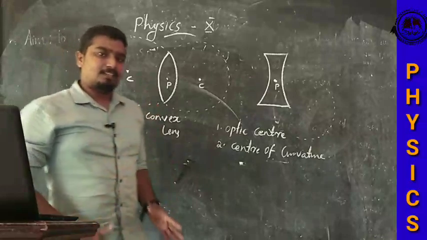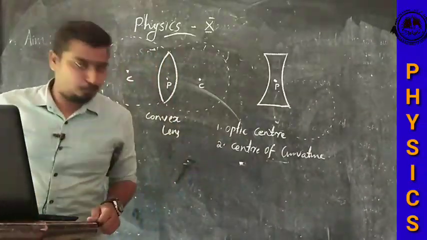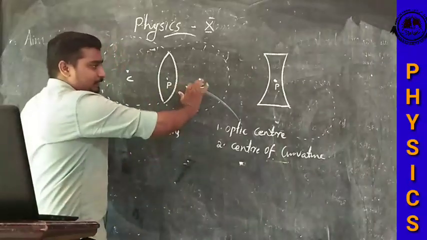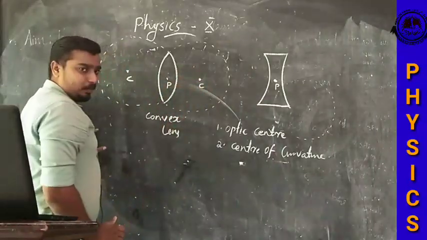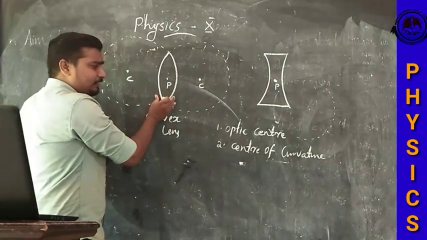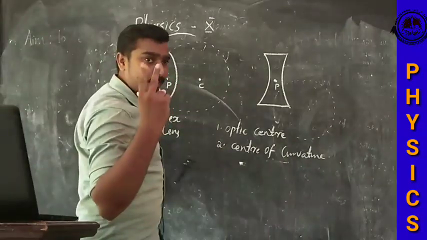A lens consists of two imaginary spheres, and the center of each imaginary sphere is called a center of curvature.